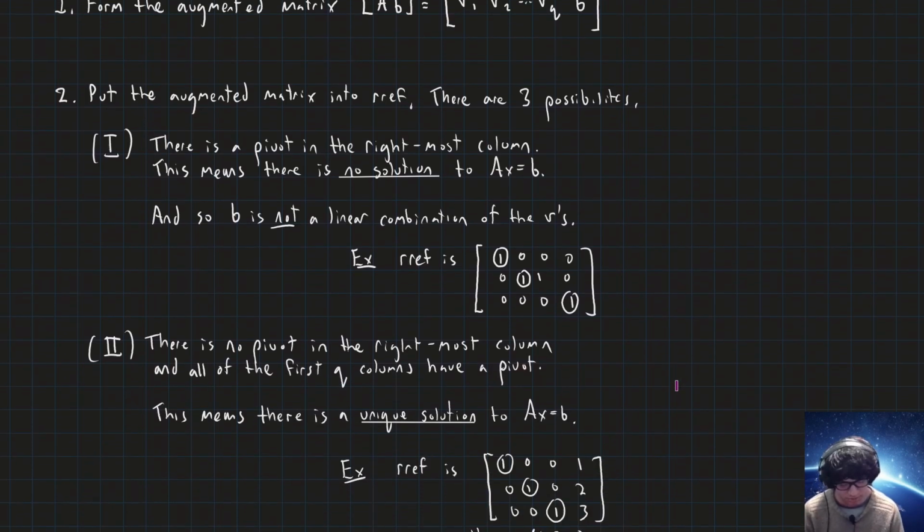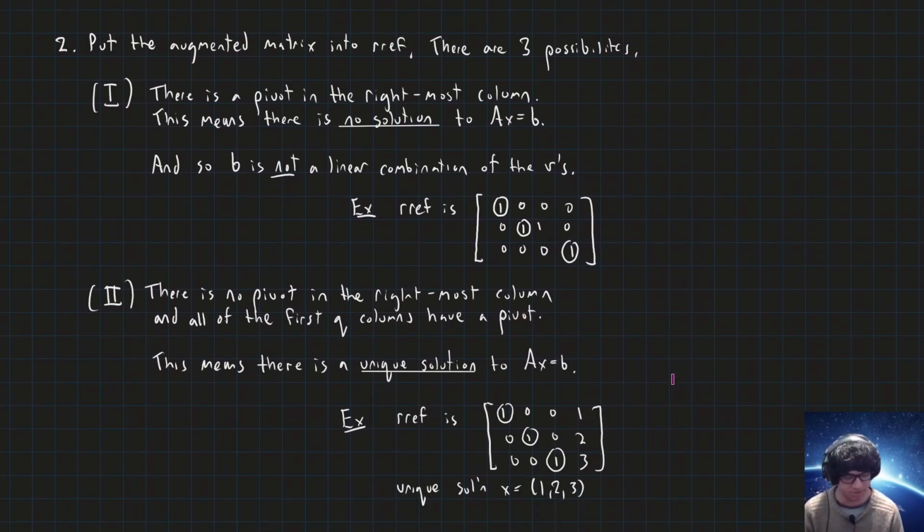The next possibility is that there's a unique solution to Ax equals b. That happens if there is no pivot in the rightmost column, and all the first q columns have a pivot. Here q is equal to 3, and all the first q columns do have a pivot.